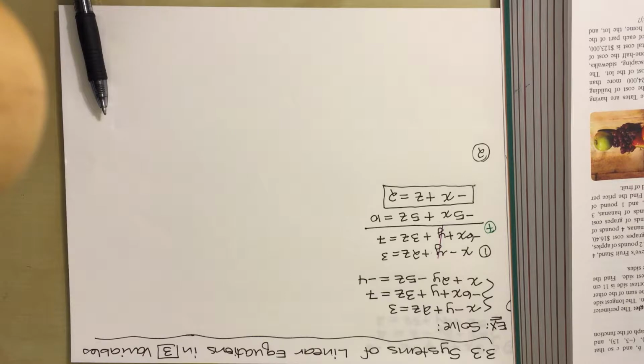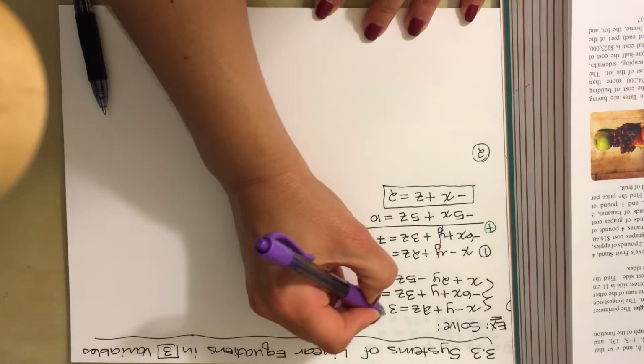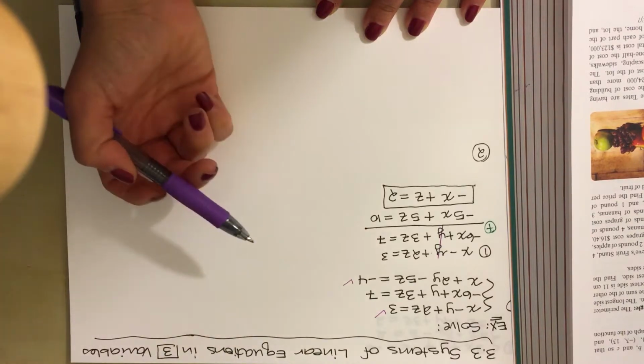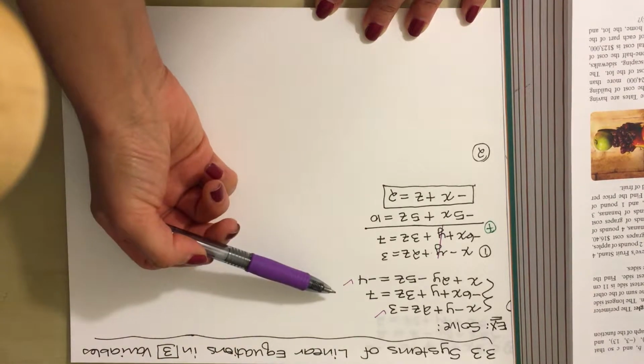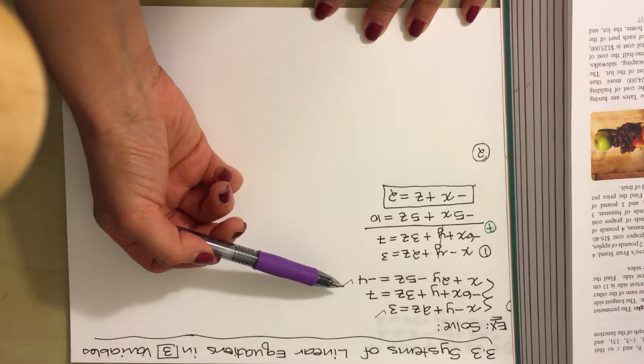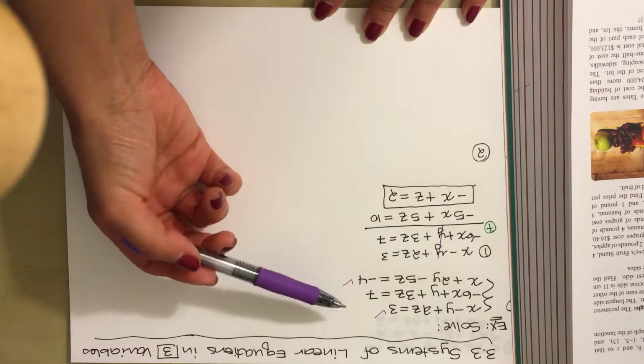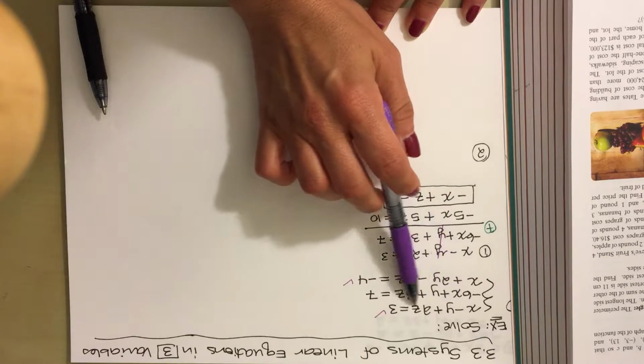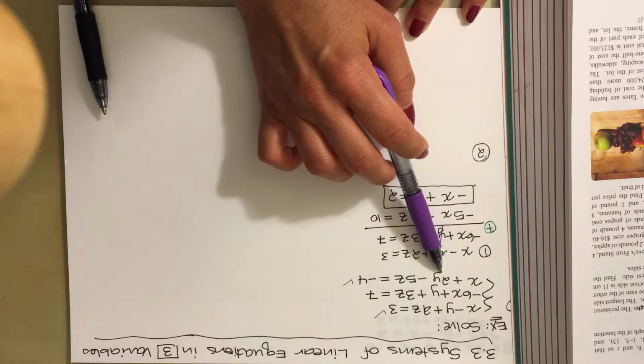One way to do this is you can pick equation 1 and equation 3 and use those 2 to eliminate y. So equation 1 and equation 3. Now in order to eliminate, we actually have to multiply the first equation by 2. So the first equation has to be multiplied by 2, and then I can eliminate y.